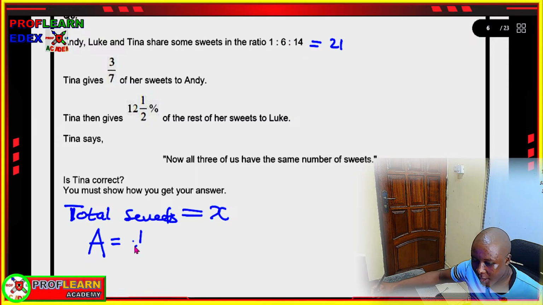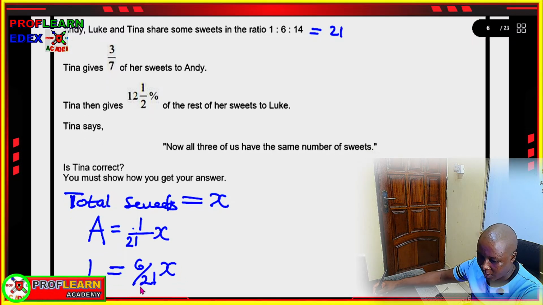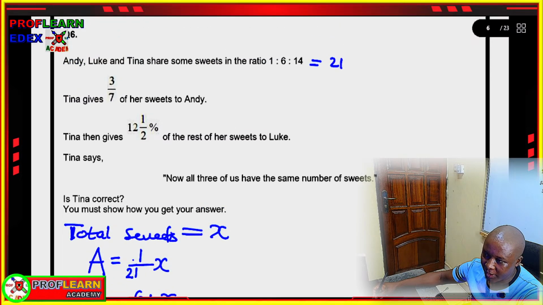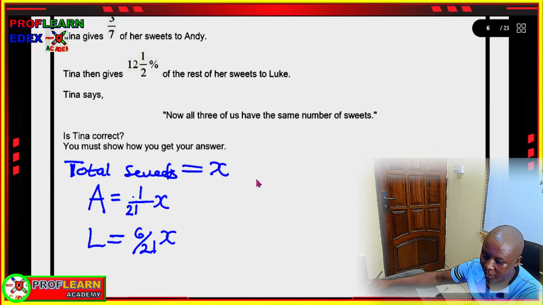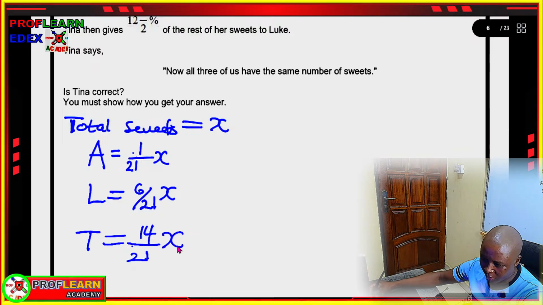So Andy gets 1 over 21 of the x sweets. Luke is going to get 6 over 21 of the sweets, and Tina is going to get 14 over 21 of those sweets.